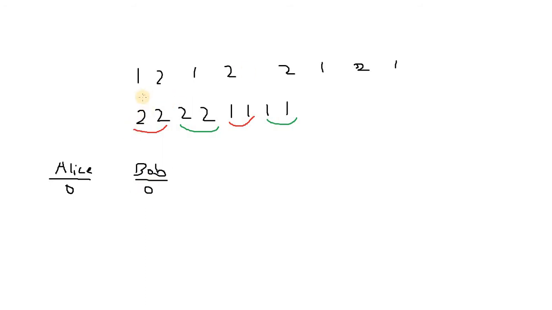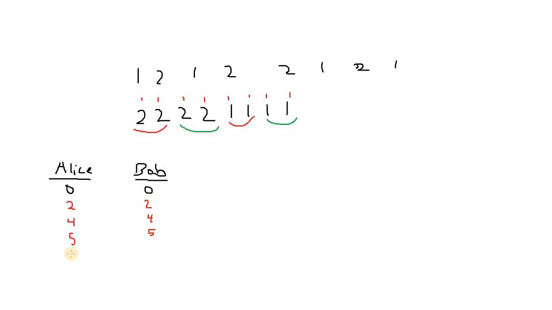The first candy right here is weighted as 2, so we just give it to one of them. Let's say we give it to Alice. Next one's weighted as 2. Since Alice's is larger than Bob's, we can give Bob the candy. And then keep going on. Alice is larger than Bob, so we give Bob it.